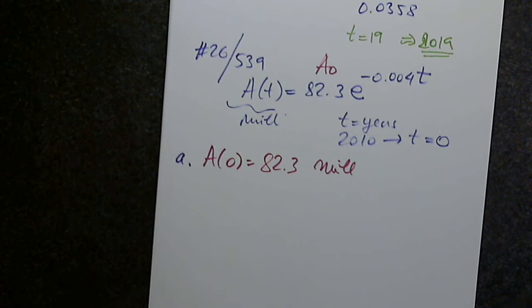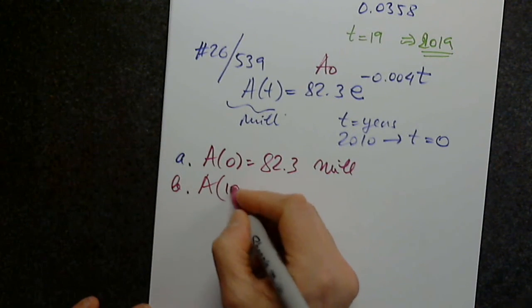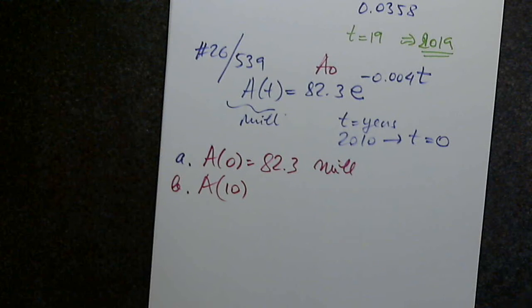Now in part B, is the population of Germany increasing or decreasing? And you can say, I don't know, I only looked at A of 0, which is 2010. Let's look at another A, A of 10 years, in other words, in 2020. Okay, perfect.